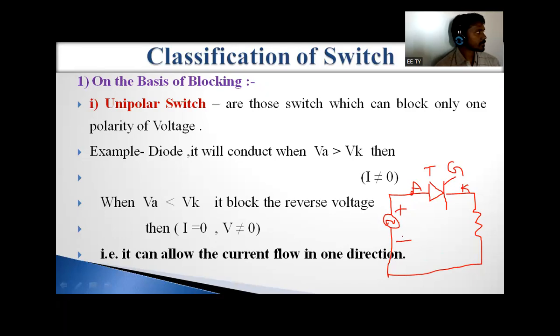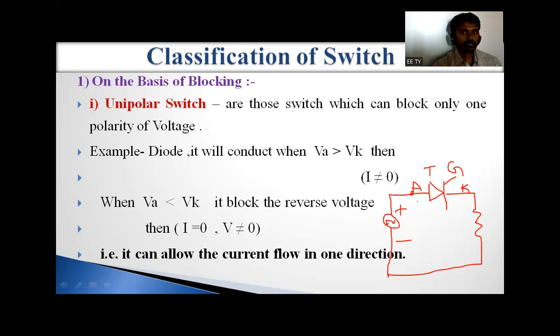The thyristor will not be turned on, because thyristor will be turned on when some amount of voltage is applied to the gate circuit. Then only it can turn on. Otherwise, it will not be turned on. Clear? So when the anode is made positive and the thyristor will not be turned on, it will have the capability to block the voltage.